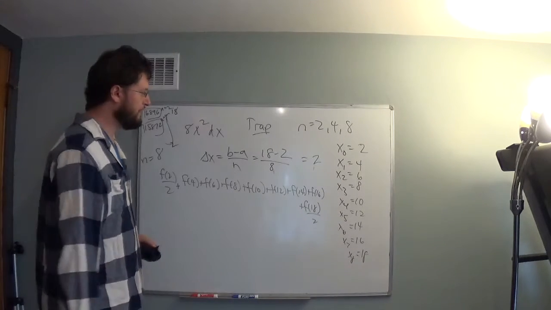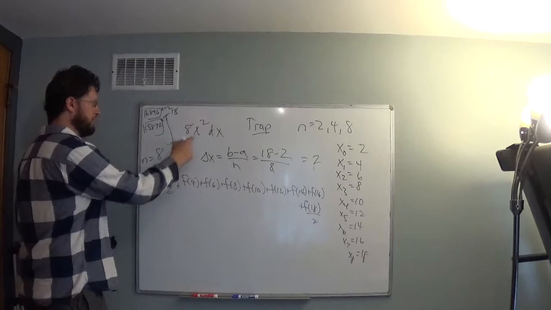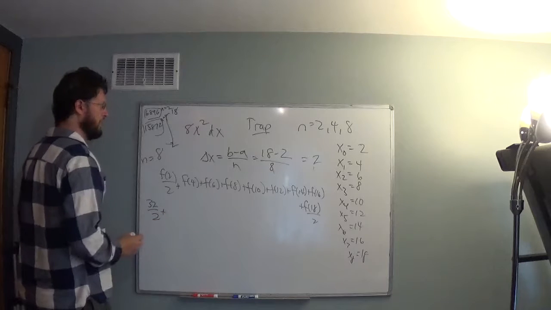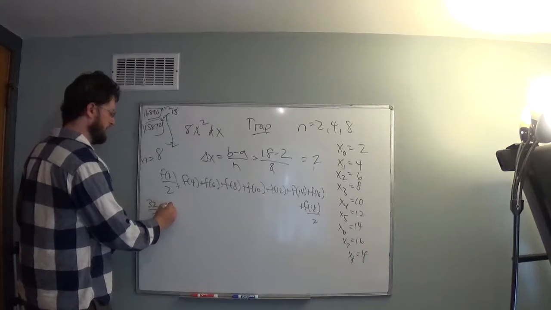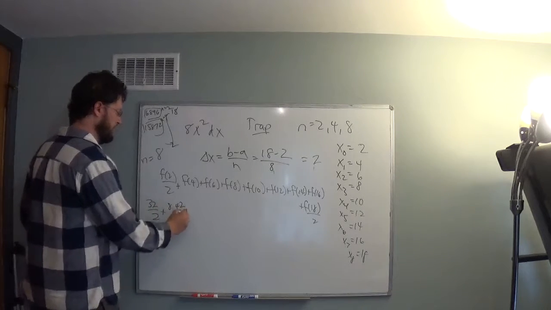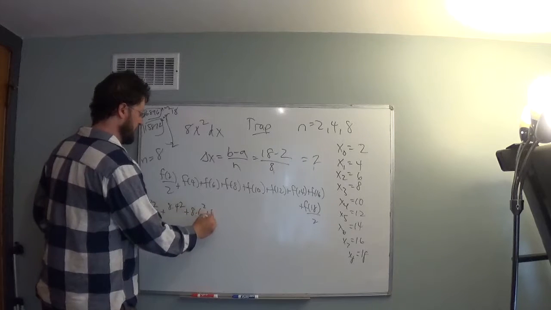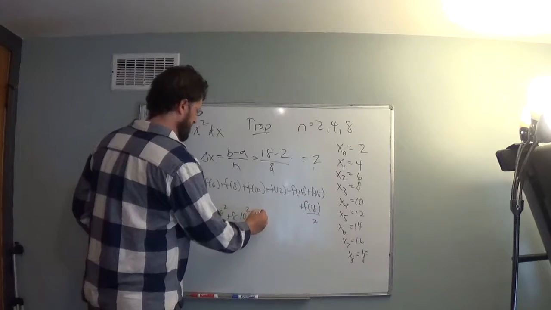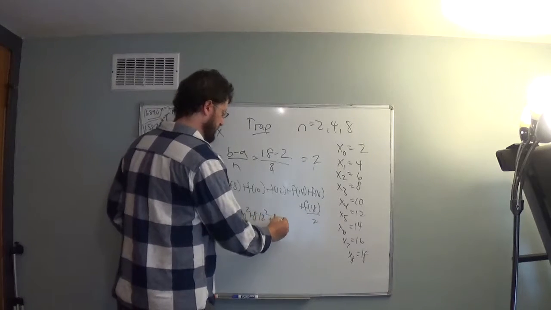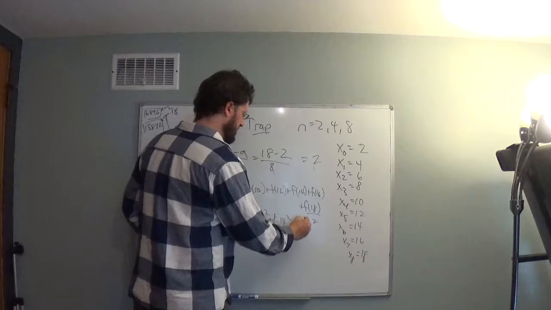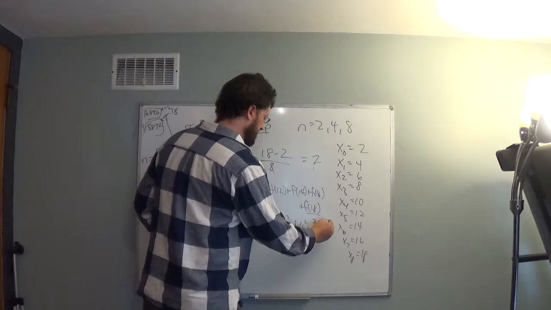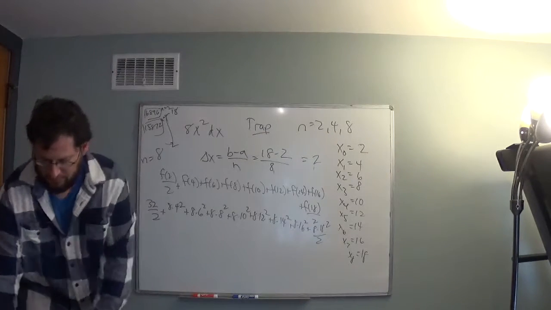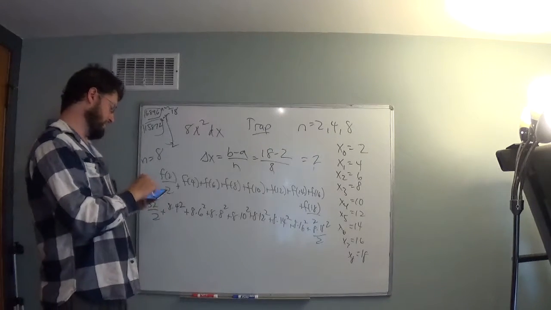And we just plug them in and evaluate. When we plug in 2, we get 2 squared, which is 4, that's, as always, 32 over 2. Evaluated at 4, I get 8 times 4 squared plus 8 times 6 squared plus 8 times 8 squared plus 8 times 10 squared plus 8 times 12 squared, 8 times 14 squared, 8 times 16 squared, finally 8 times 18 squared, but that one has a divided by 2.